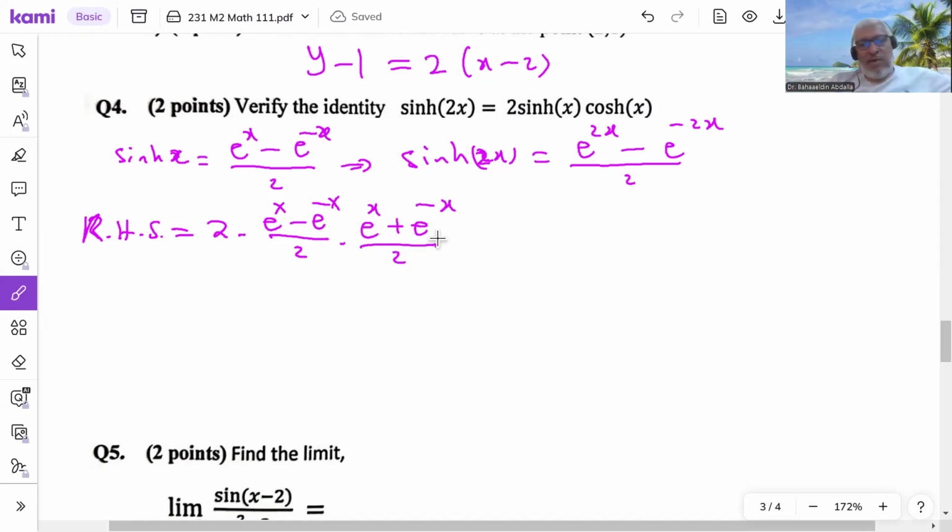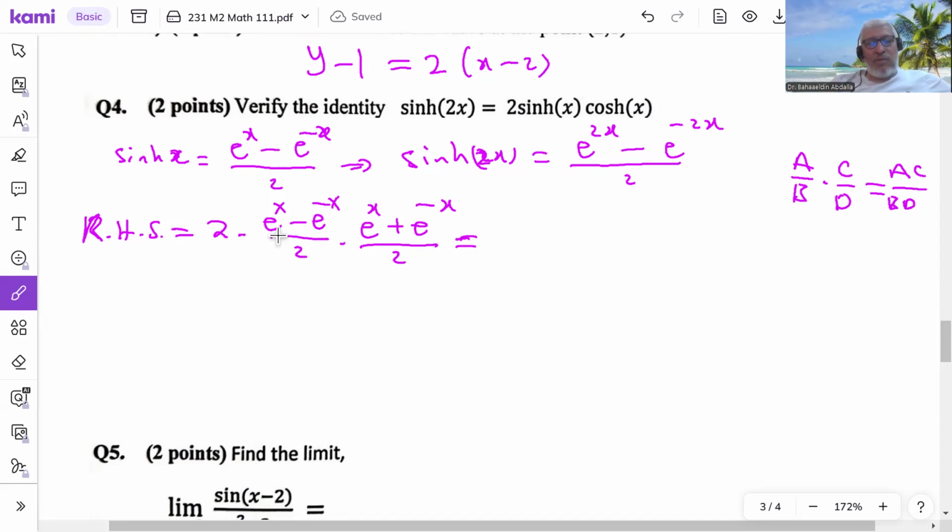And now let us think how to simplify this. Well, I have a fraction multiplied by another fraction. So how do we multiply two fractions? We multiply the numerators over the denominators. This is a very important formula. You need to understand it well.